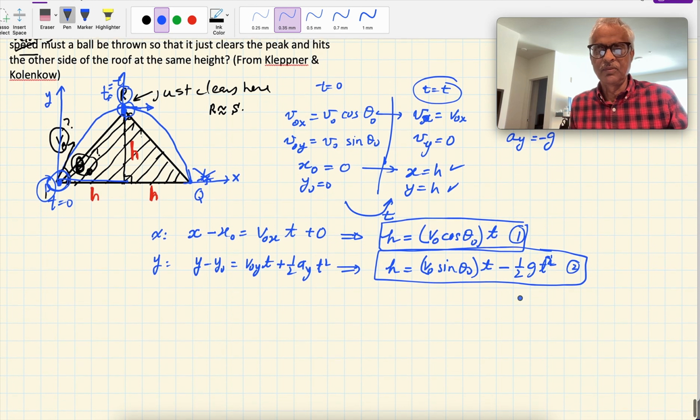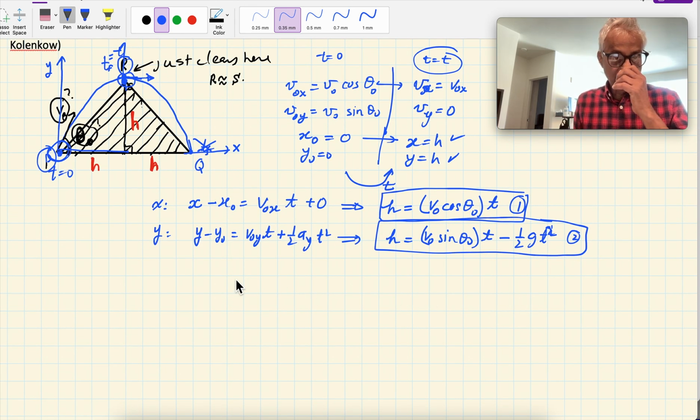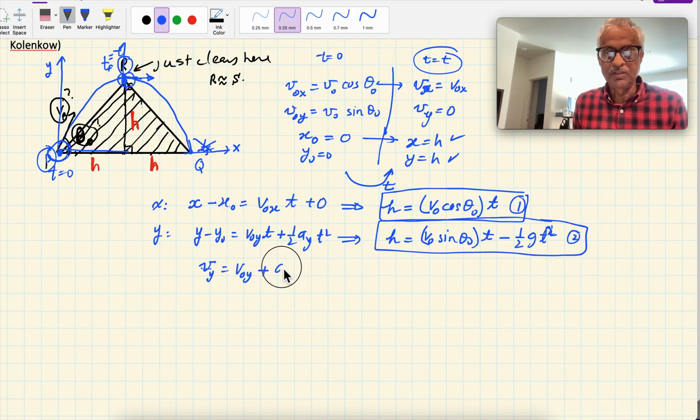Okay, how about another equation from here? So Vy equals V0y plus ay t, constant acceleration, right? So this gives me 0 equals V0 sine theta 0 minus g t.